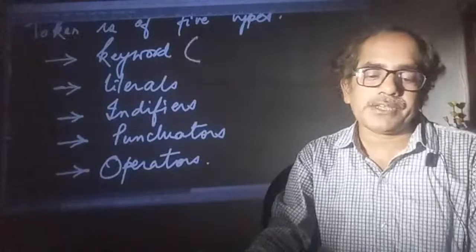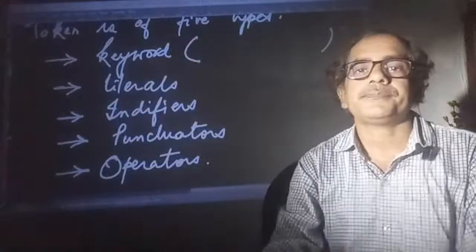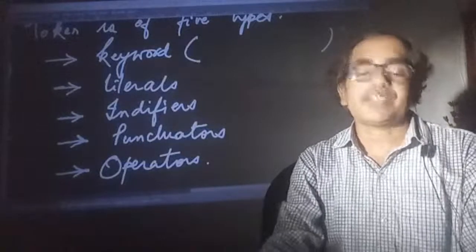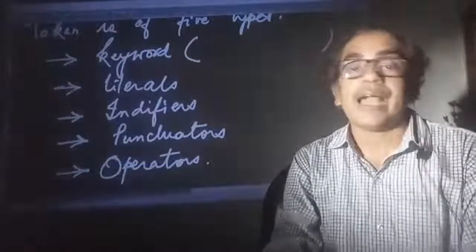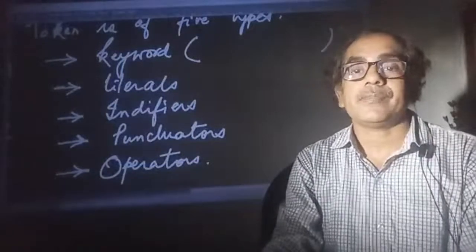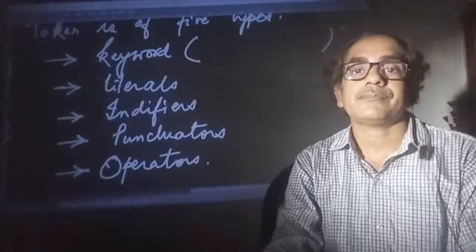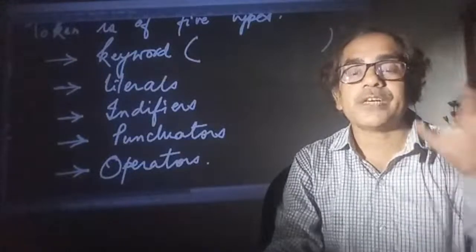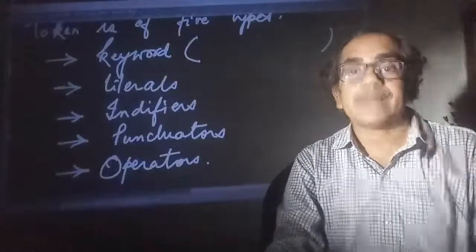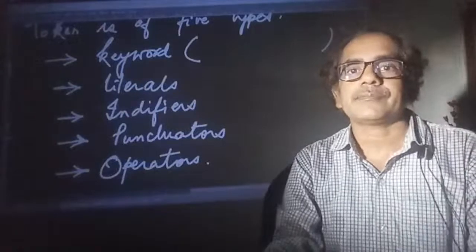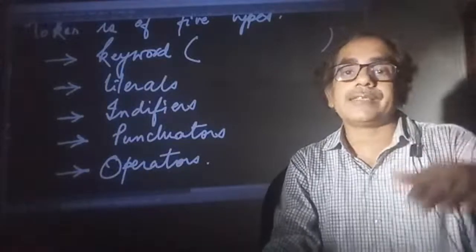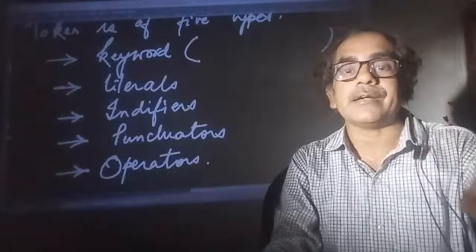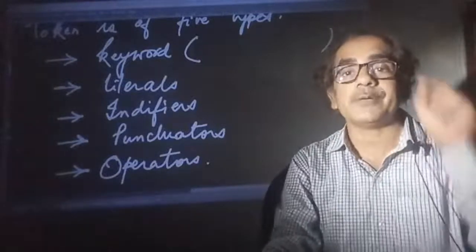The first one is keyword. Keyword is like verb, action words. They are the commands. They are the words of Java that have some meaning. Like last day I wrote system.out.println. This is a keyword. System is a keyword.